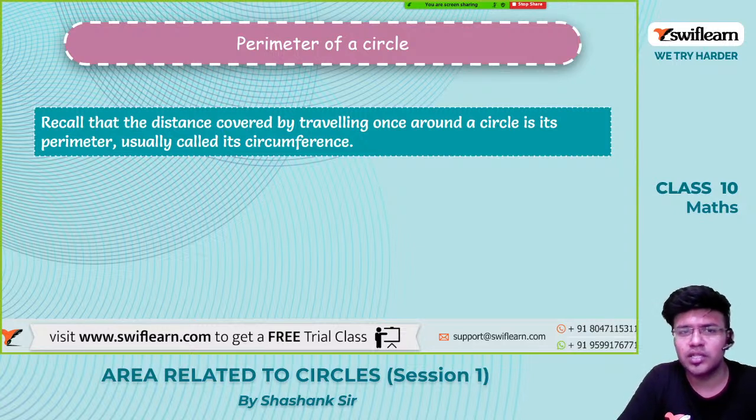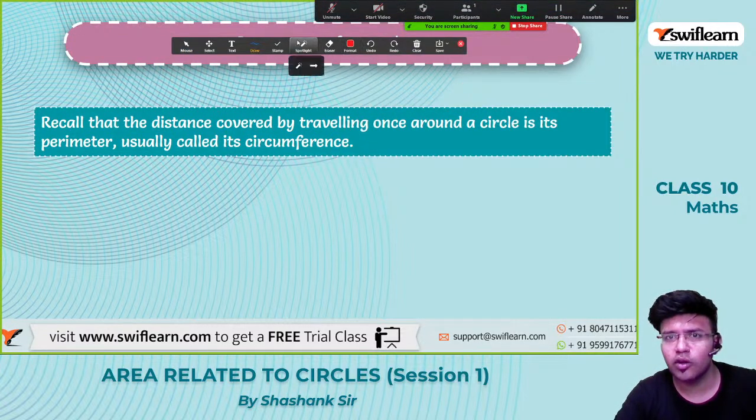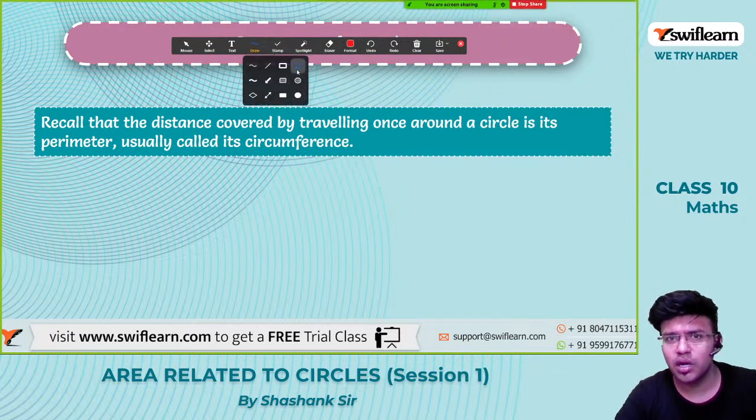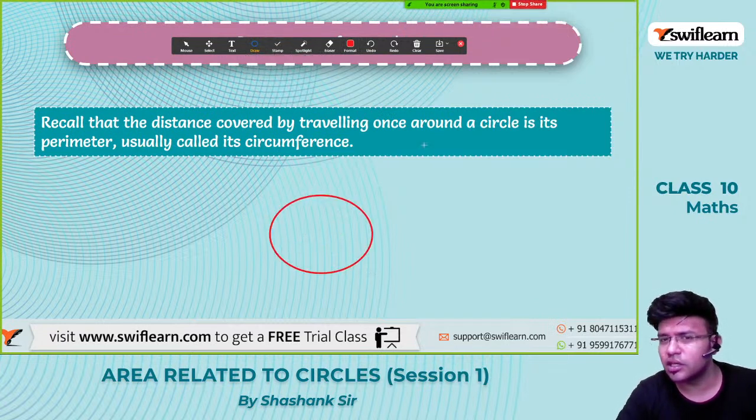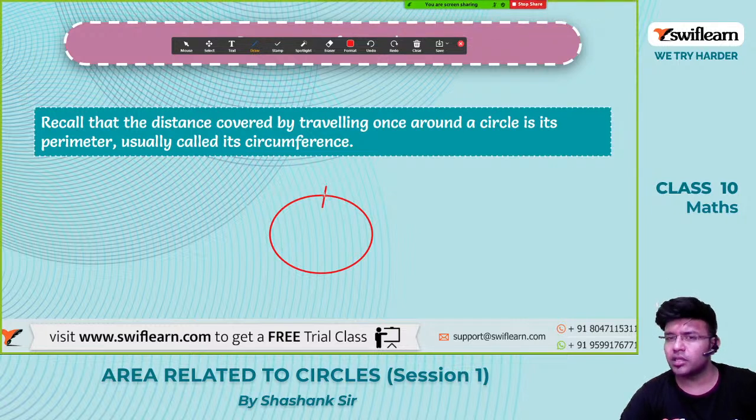Yes, sir. So let us recall that the distance covered by traveling once around a circle is the perimeter, and usually that is the circumference. So what is the perimeter of a circle? Consider a circle. You start measuring the distance from the boundary and keep going until you reach the same point on the circle.